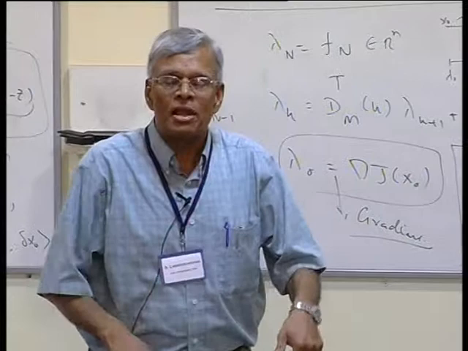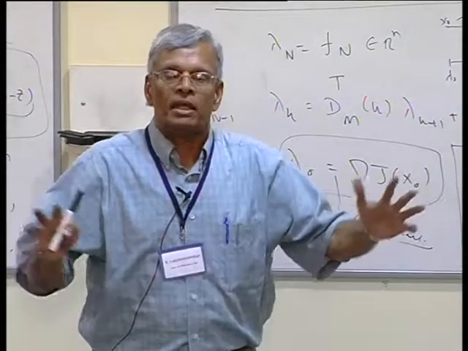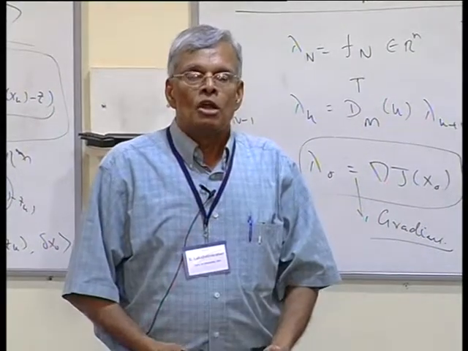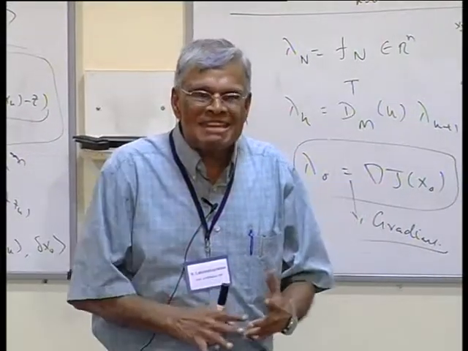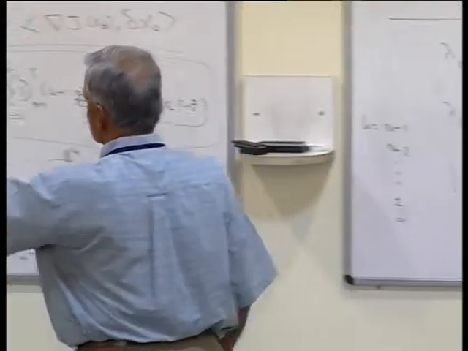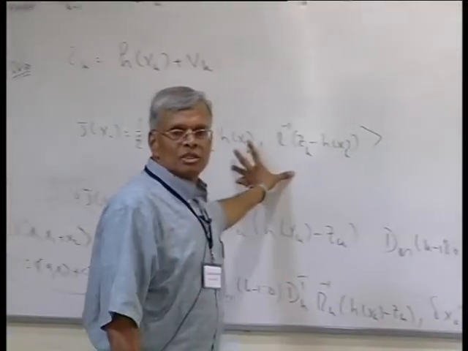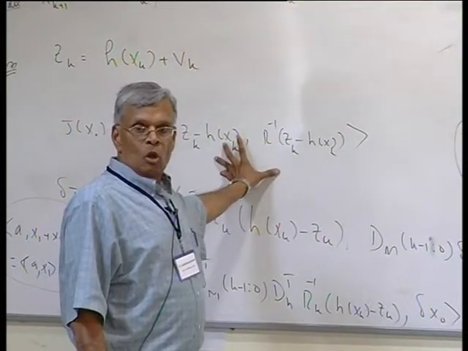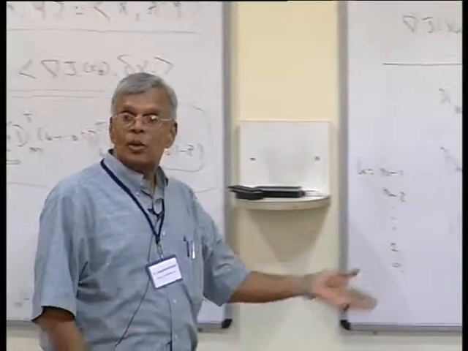So what is the adjoint method? So what is the summary? The first order adjoint method is the methodology by which you compute the gradient of the objective function, which measures the weighted sum of squared errors. Once you compute the gradient, you are not done.